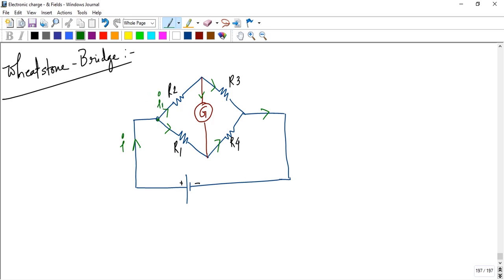Apply KCL here. So I enters and I1 leaves. Call that X. We take entering current with a plus and leaving with a minus, X equal to 0. So I minus I1 equals X. So you get I minus I1.